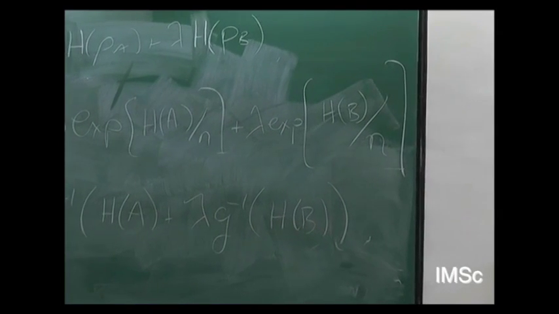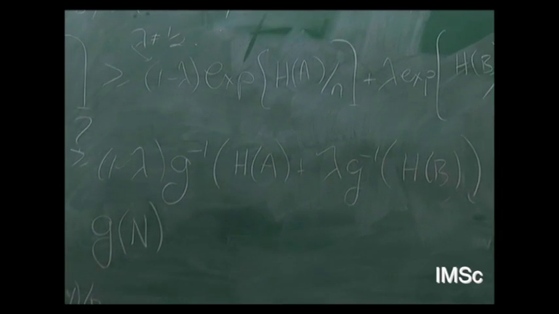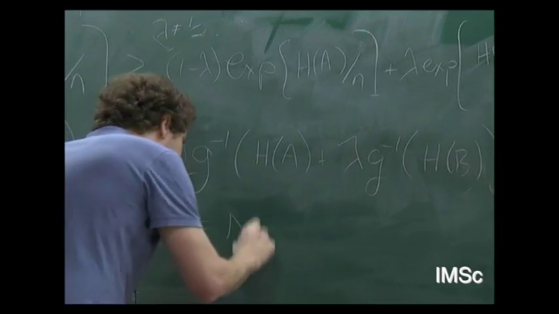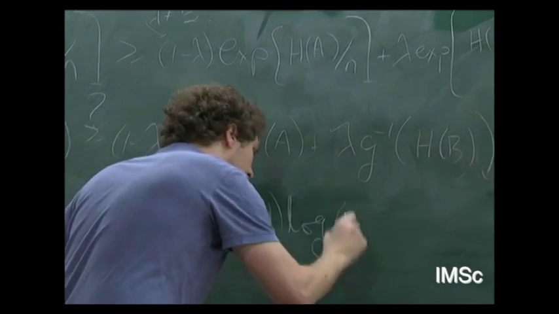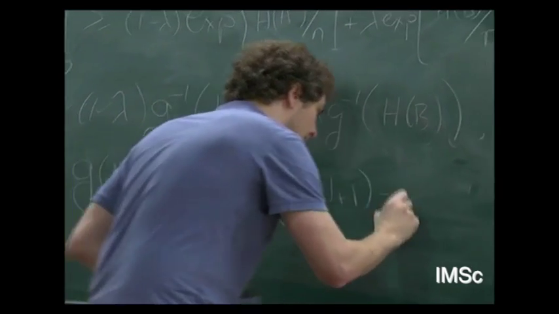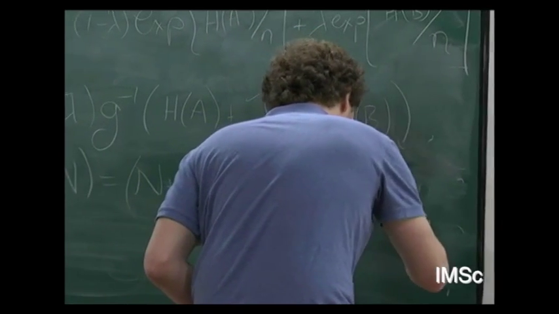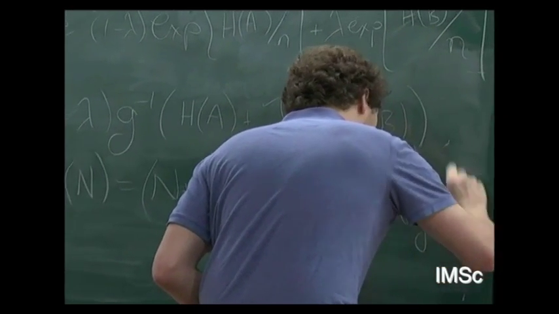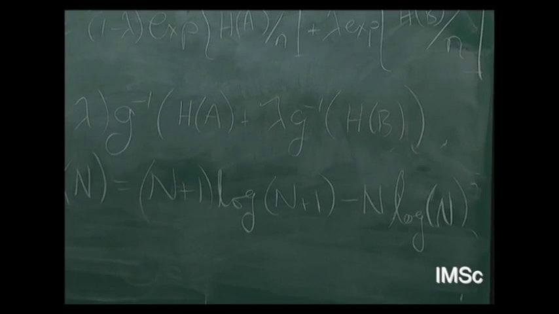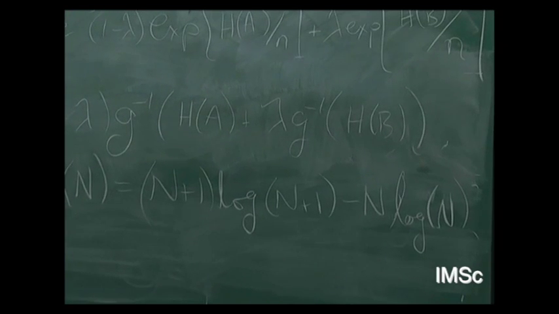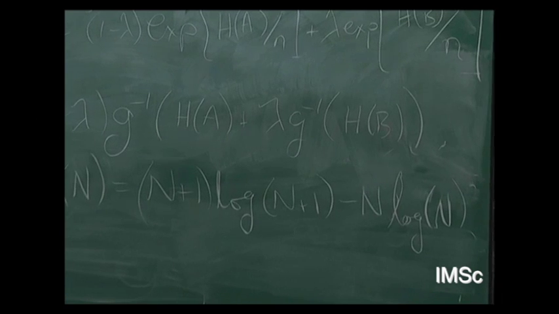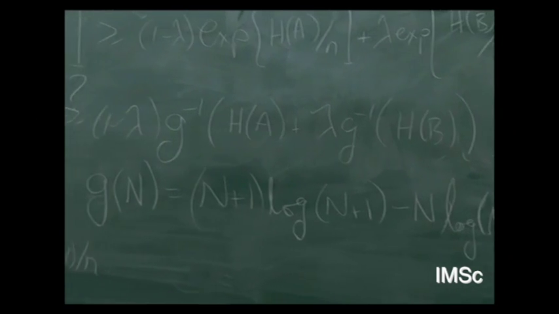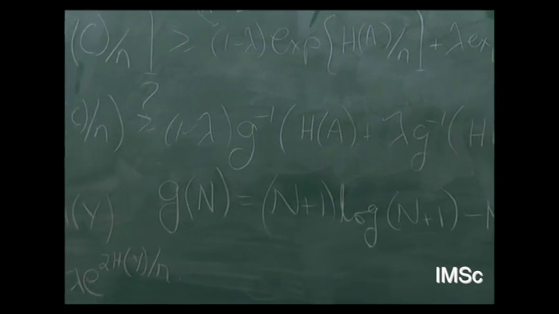And G, remember, was just the thing that took the average photon number of a thermal state and mapped it into the entropy of that thermal state. So you can see what I'm trying to do when I apply a G inverse to an entropy is figure out what's the average photon number that a thermal state with this entropy would have to have.